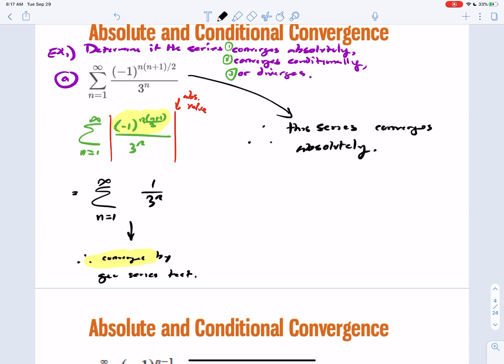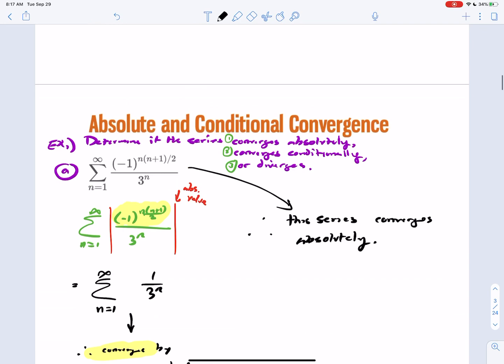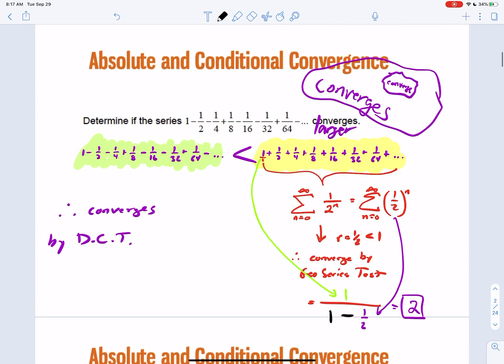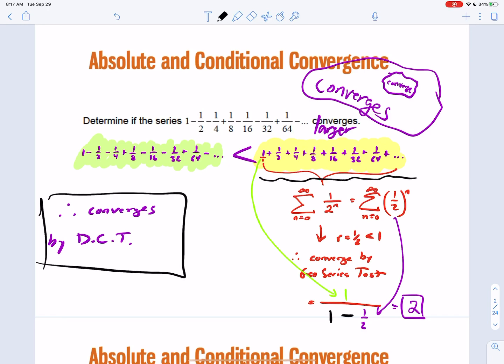Because we took the absolute value of our general term and we were still able to make it converge. Okay, meaning that the original series will have to converge as well. It's based on this here. Okay, by the comparison test, we're able to figure out that since the absolute value series converged, the smaller one is going to have to anyways.